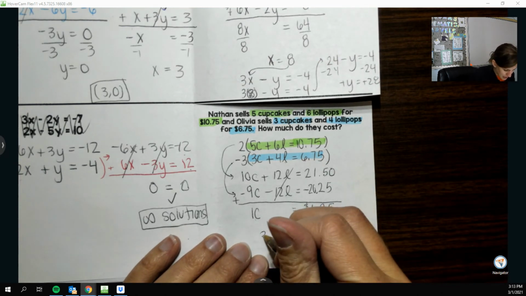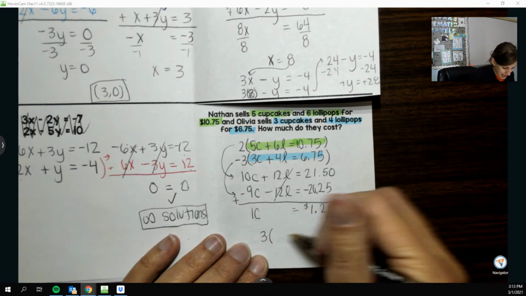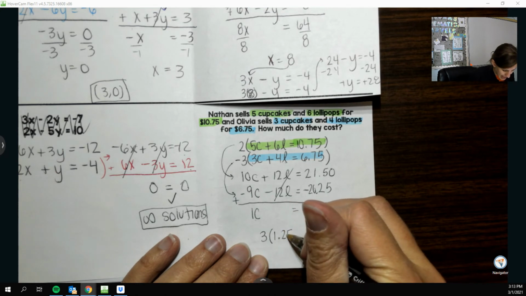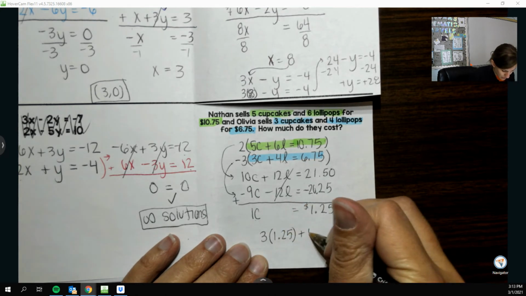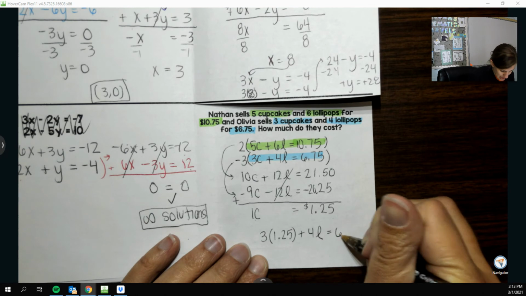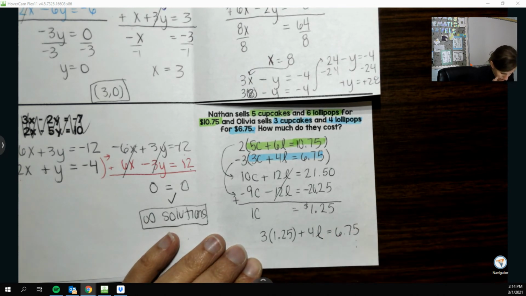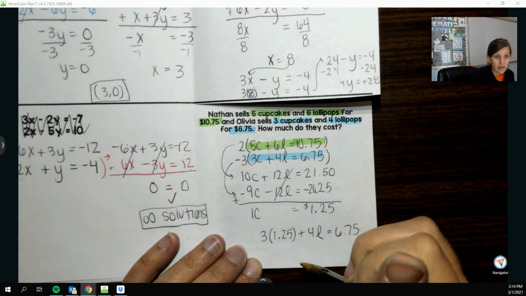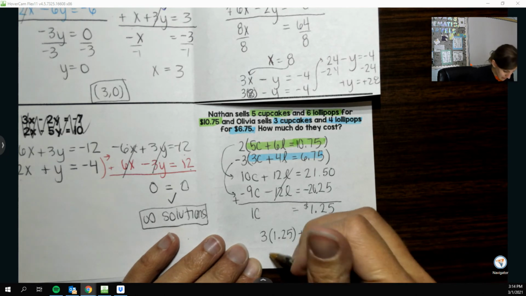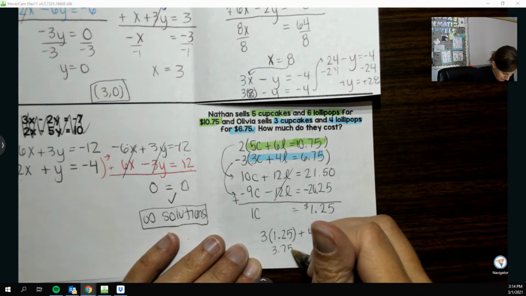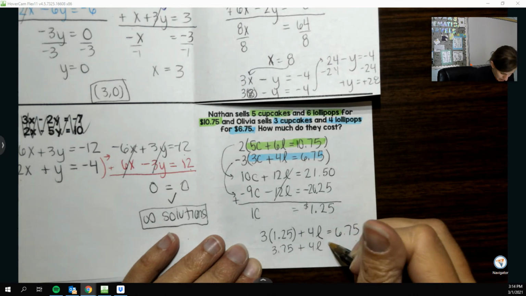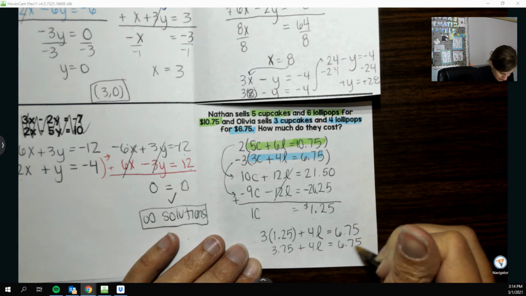So if I take 3c, but now I know that c is $1.25, plus 4l equals $6.75. I can multiply here. So 1.25, 1.25, 1.25 is 3.75 plus 4l equals 6.75.